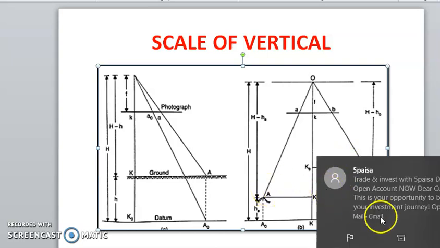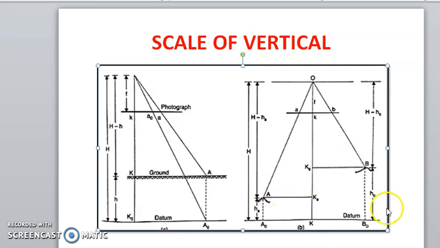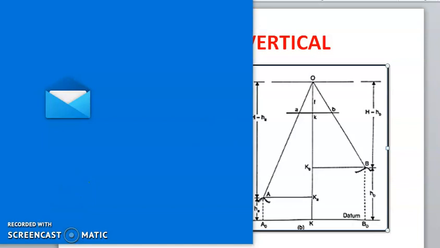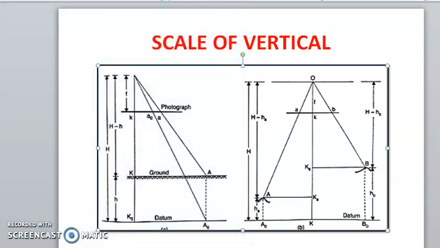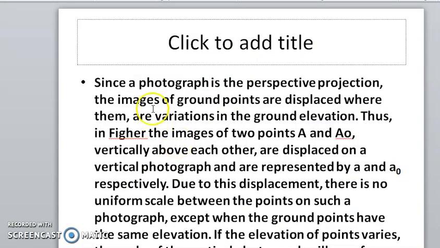This is the process of vertical photography. Next, since the photography is a perspective projection, the image of the ground point is displayed according to the variation of the ground elevation.